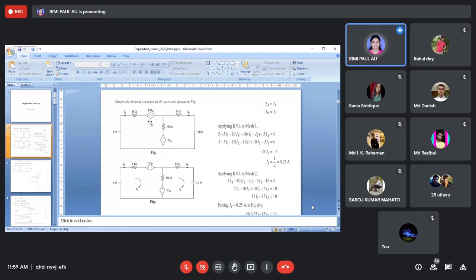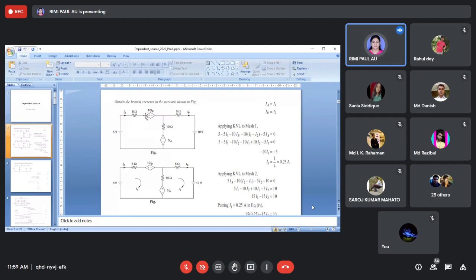Zone 1, anyone? Can you tell me which type of dependent source this is? Current dependent voltage source, right. So in this problem, these two are current dependent voltage sources. Those who don't know, you can see here it is written IB and plus minus is given.